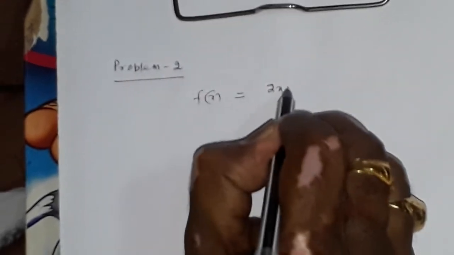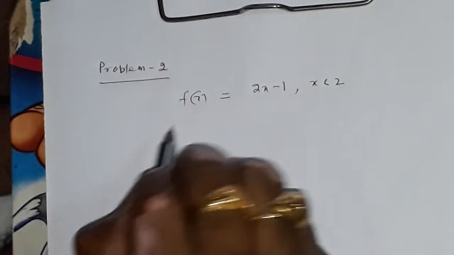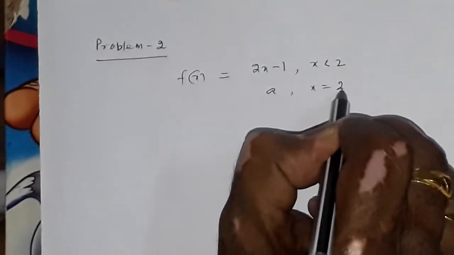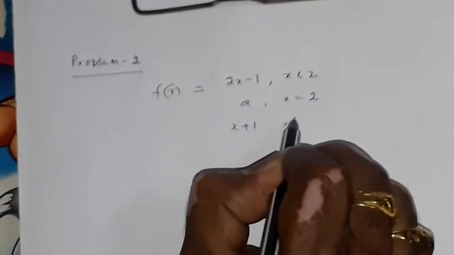Find a if f(x) equals 2x minus 1, x less than 2, a, x equals 2, x plus 1, x greater than 2.